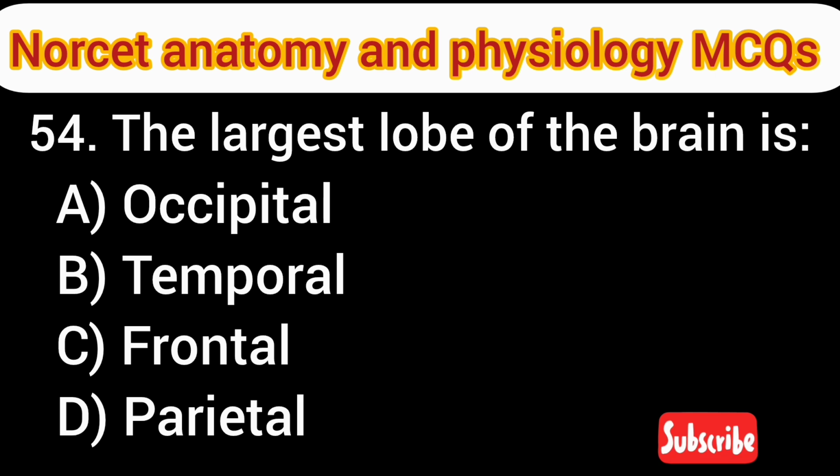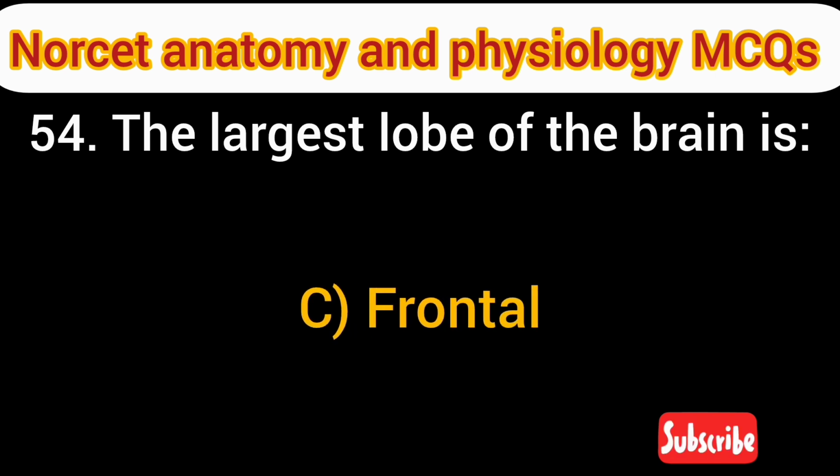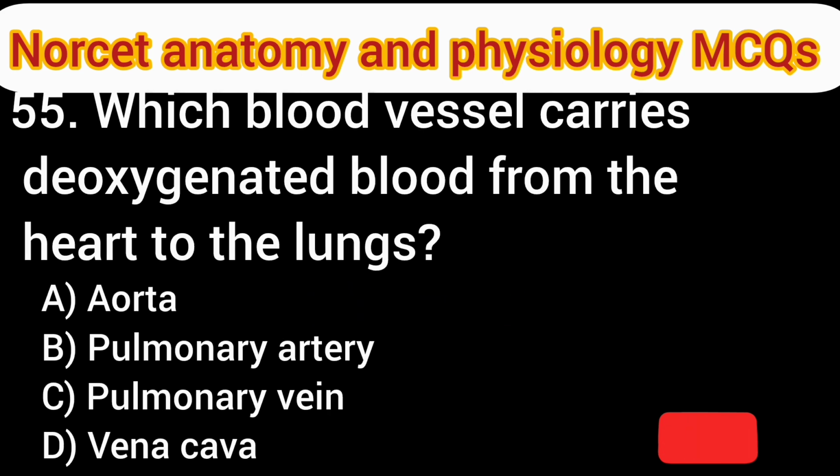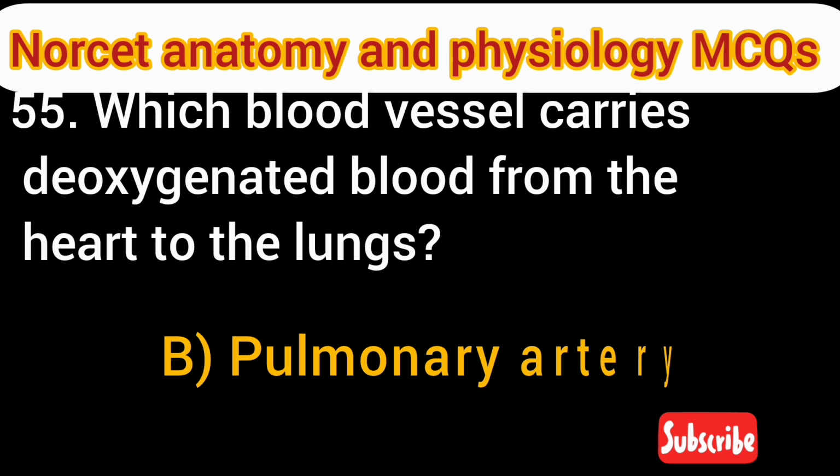The largest lobe of the brain is. Frontal. Which blood vessel carries deoxygenated blood from the heart to the lungs? Pulmonary artery.